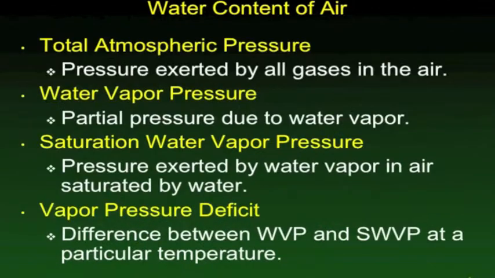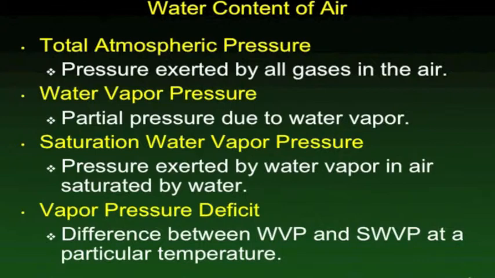Another way of thinking about the amount of vapor in the atmosphere is in terms of pressure. There's a total atmospheric pressure that's made up of all the gases in the air, and water vapor is one of those gases.